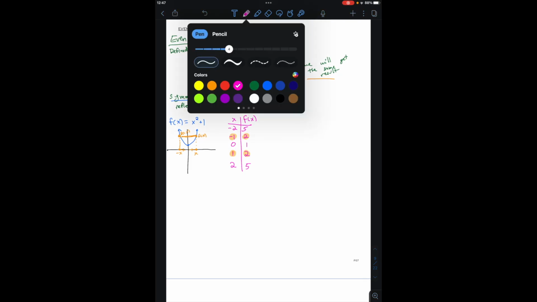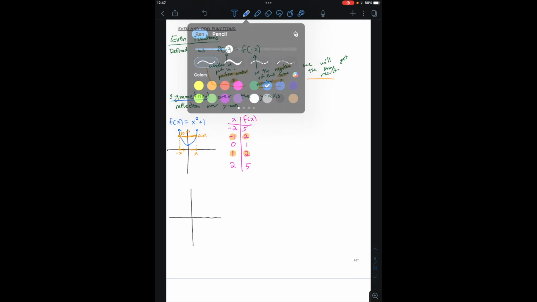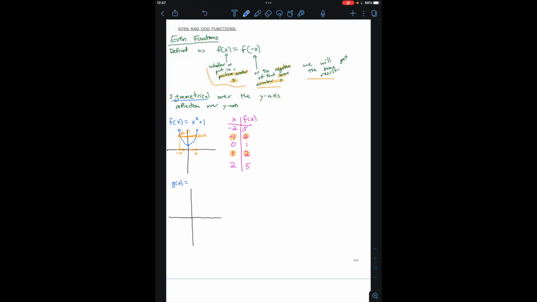And now we can shift our function up and down. So if I draw another function and I say, let's call it g of x is equal to x squared plus 2. That's still symmetrical over the y-axis, so that would be considered an even function. I could even say something like an absolute value function.